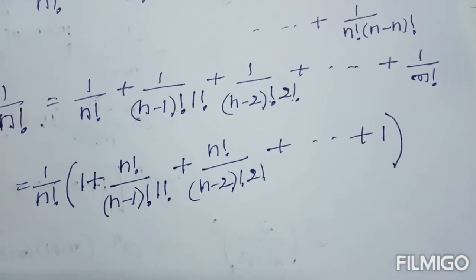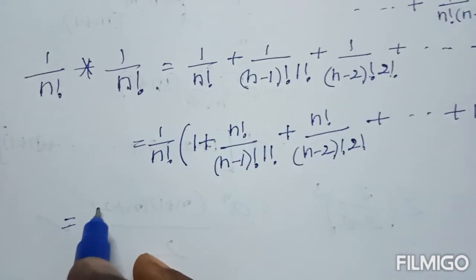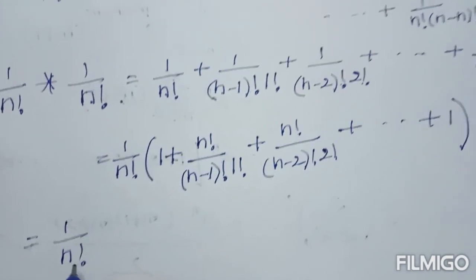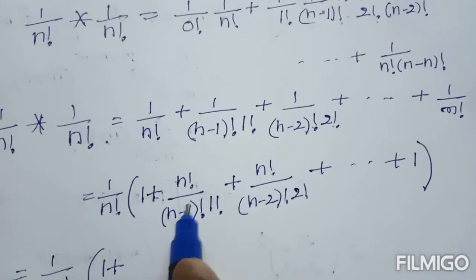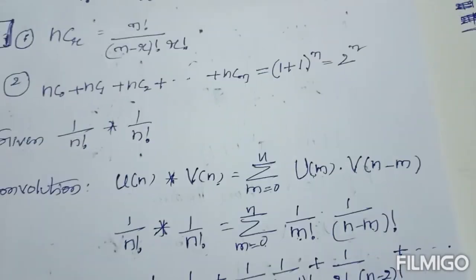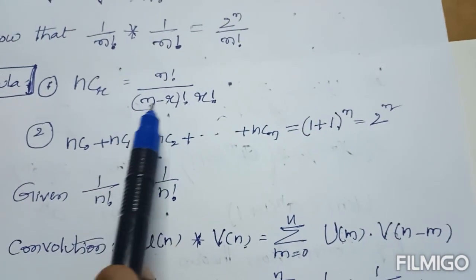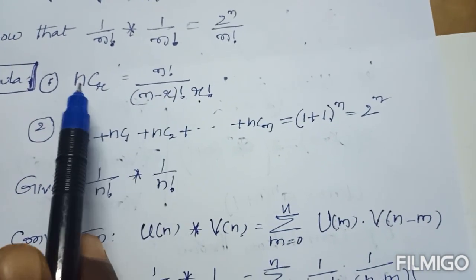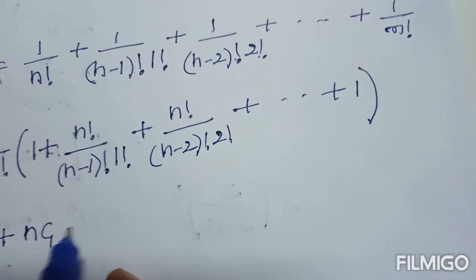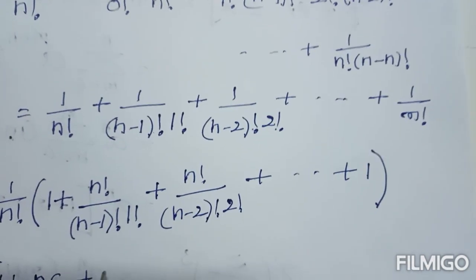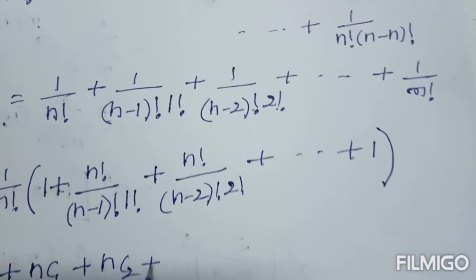After that, 1 by n factorial times 1 plus and so on. Using the formula discussed already, n factorial by n minus r factorial r factorial can be written as nCr. So this is nC1, the second term is nC2, and so on.